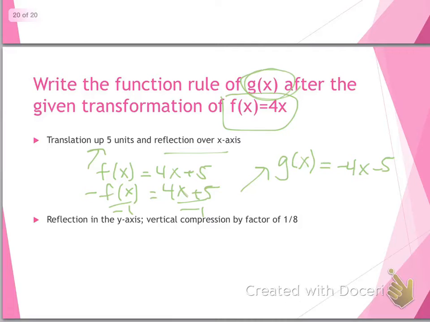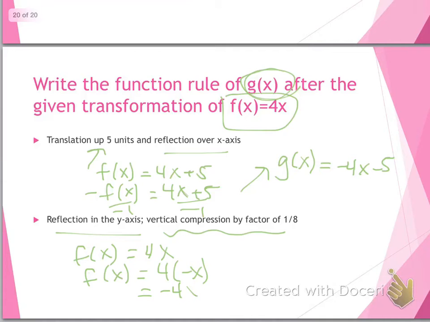Okay, this next one, we have a reflection in the y-axis and a vertical compression by a factor of 1/8. So I got f of x is equal to 4x. Reflection over the y-axis, you have a negative x. So we're going to make that negative here, which then makes it a negative 4x.